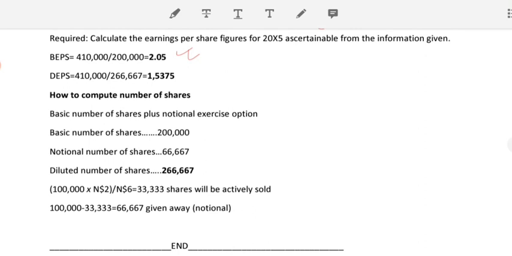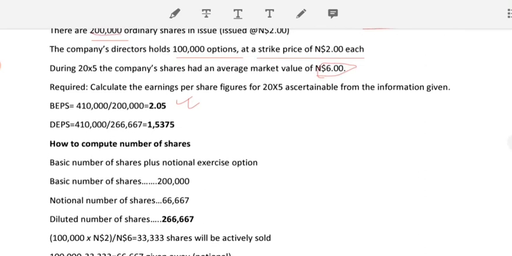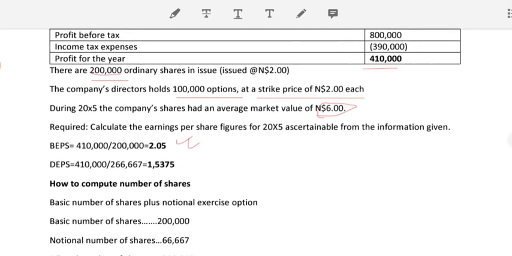The notional is calculated as the total number of options, which is the 100 they have here, times their strike price, divided by the market price, because they will exercise the option at $2, but the market price is 6.